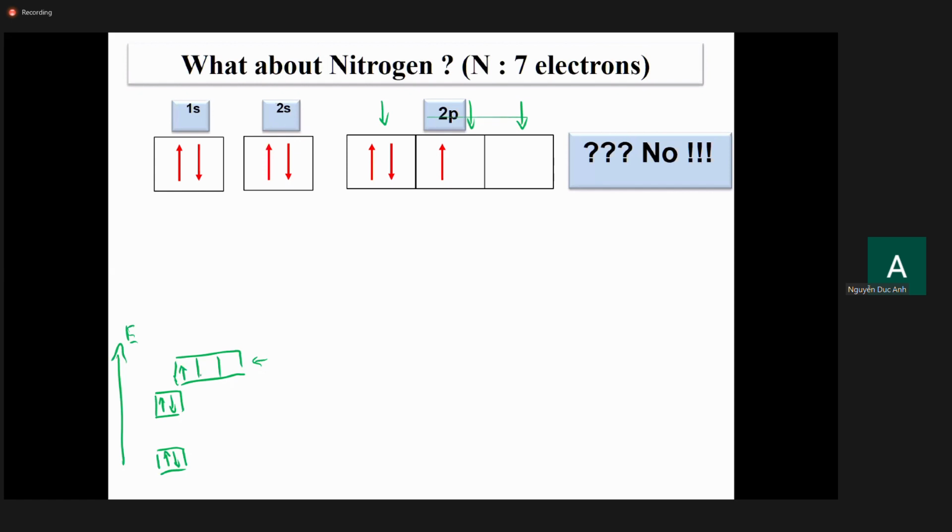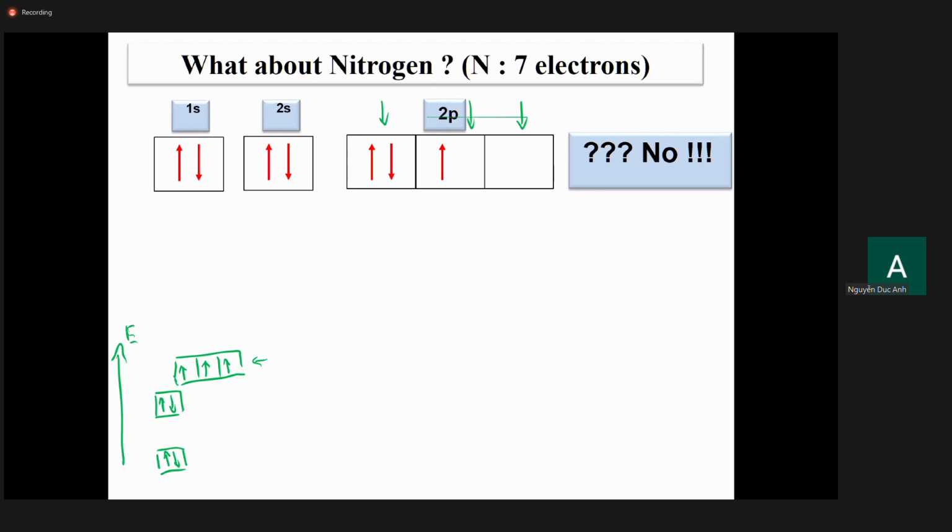So the second electron will prefer to move into the second orbital of 2p because they have the same energy levels. Okay, and you continue, if you have one more electron with that energy level, they will prefer to fulfill the third orbital, just to disperse the energy, or they will disperse the areas in which the electron can move around.